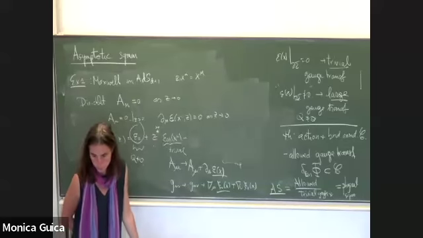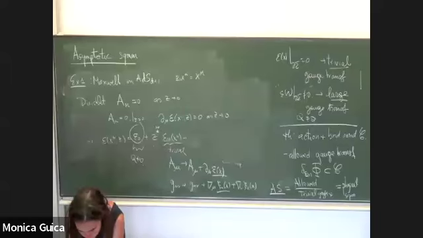In what case will you have a proper gauge transformation? Namely, for what example in Maxwell in ADS will you have that epsilon goes directly to 0, so it will not contribute to the conserved charge?